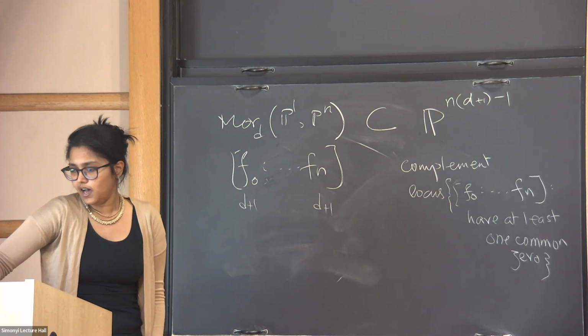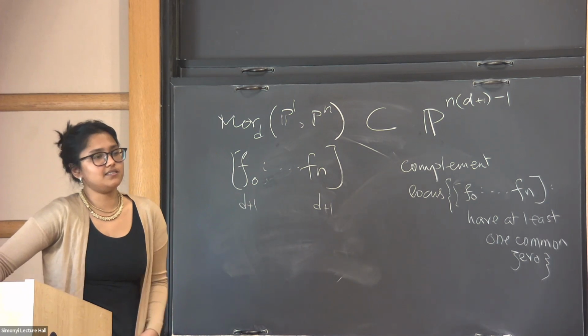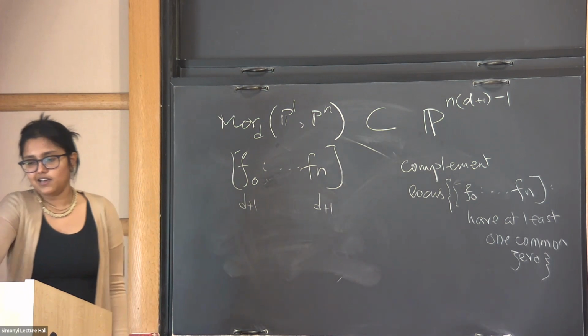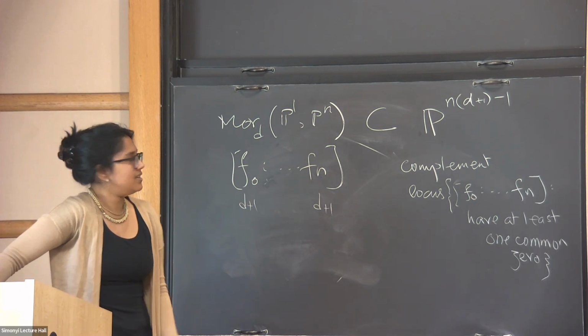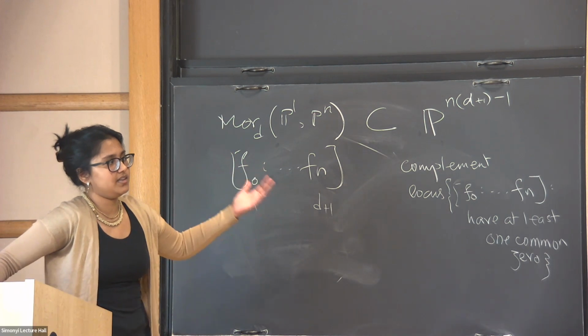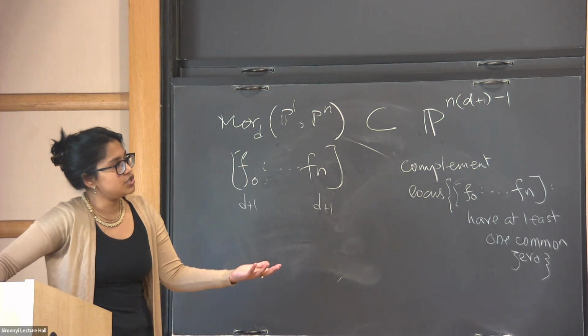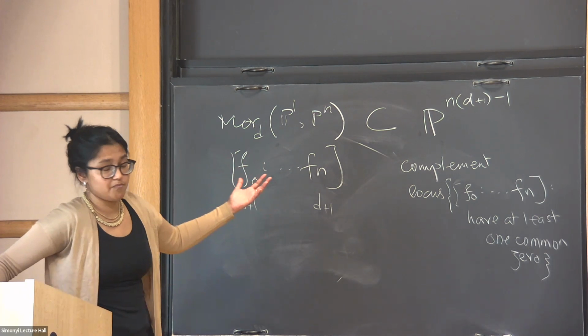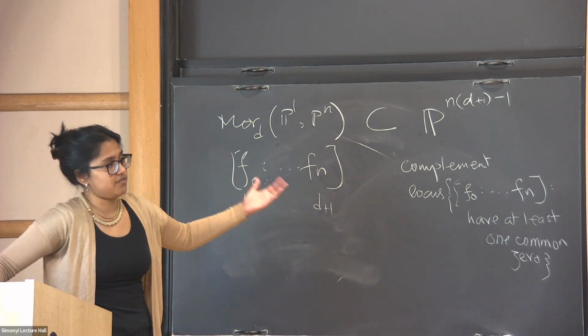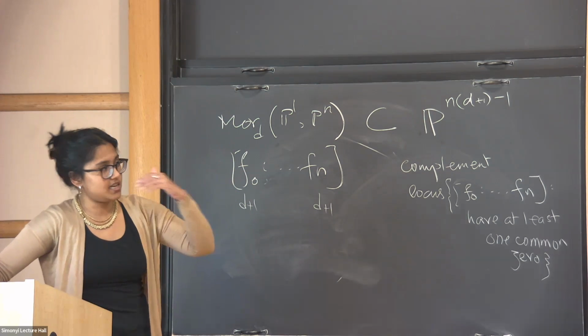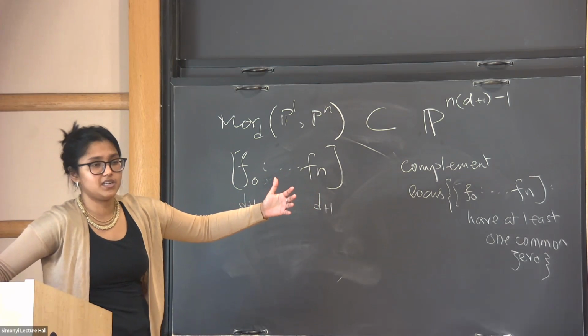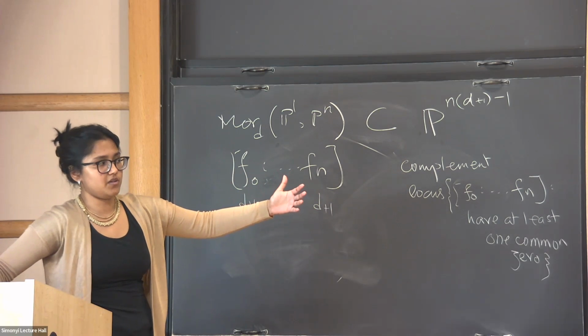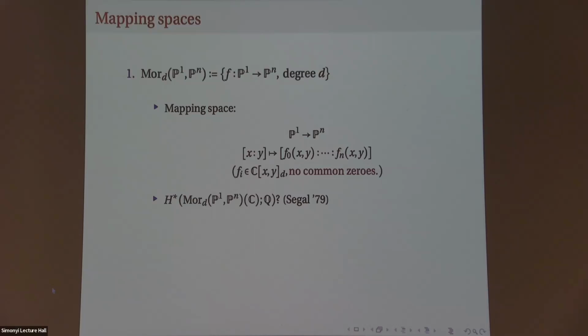And what Graham Segal did in '79 is that he proved this space is actually homotopy equivalent to, so here we're considering algebraic or holomorphic maps, right? If you forget about them and just take continuous maps from P1 to Pn, then they're homotopy equivalent up to a certain degree.